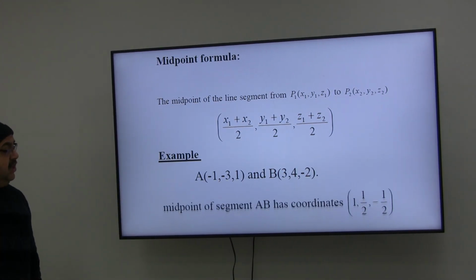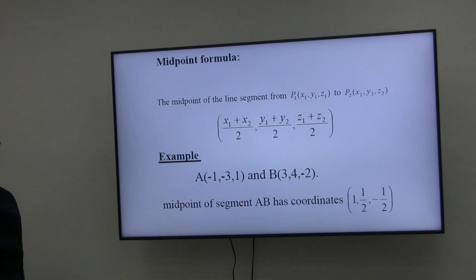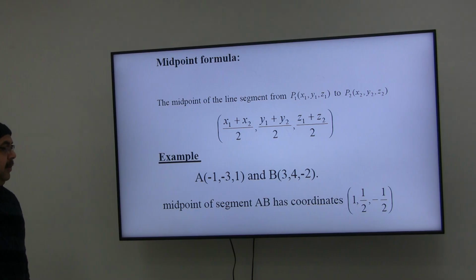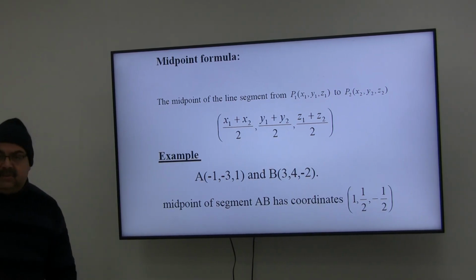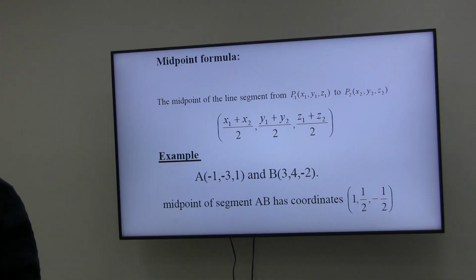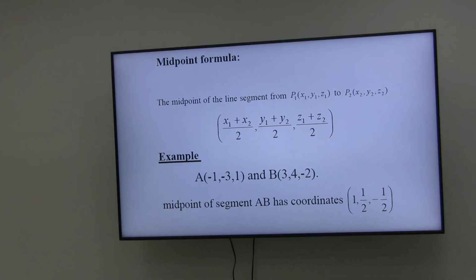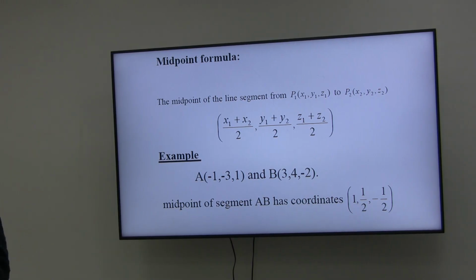So if this is A and B, and I want to get the midpoint, it's very, very simple. 3 plus negative 1 over 2, 4 plus negative 3 over 2, negative 2 plus 1 over 2, and that's the midpoint between these 2 points. As I told you, plenty of this knowledge is tools. If you need it in the future, you can grab it.